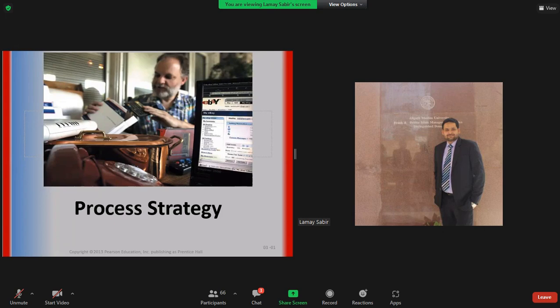So you need to understand the strategy here: whatever the processes are that are helpful in doing the job, completing the job, or giving the service to the customer, whether the processes are efficient enough to give the desired results. Whatever the processes are, are they giving you the desired results? If the processes are giving you the desired results, then the processes are good.